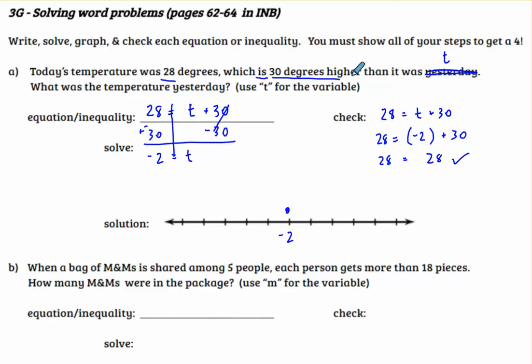Many of you got the answer of 58. And I would ask you, does it make sense? It says today's temperature is 28 degrees, which is 30 degrees higher than it was yesterday. That means yesterday is colder than 28 degrees. There's no way it was 58 yesterday. All right, so just always ask yourself, does it make sense?